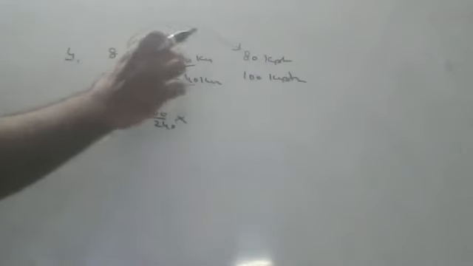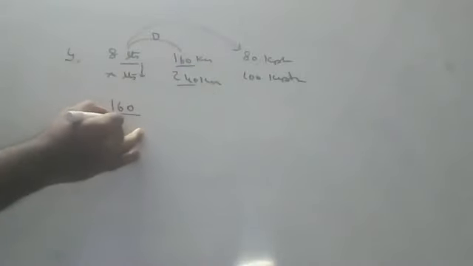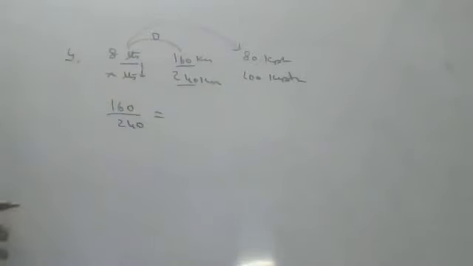So we can take anything into consideration. I will take the distance. Let us take 160 by 240 as a standard one. As you said, more liters, more kilometers; fewer liters, 8 liters, 160. These both are direct only.